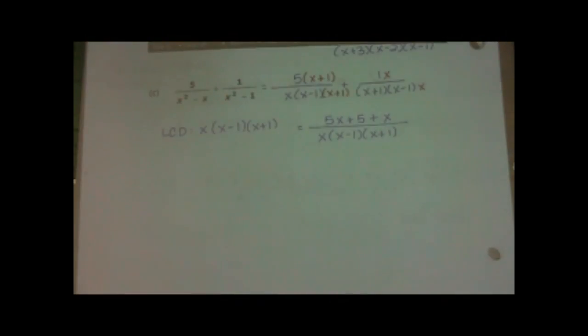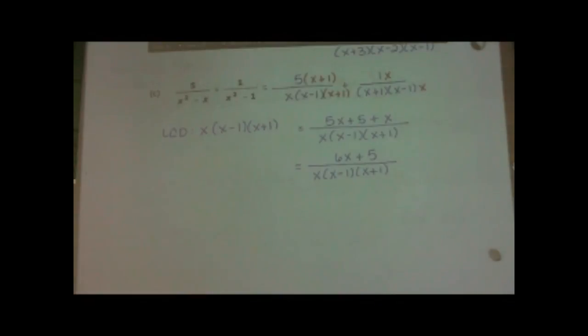So now I need to combine my like terms. So again, I've got that denominator. My numerator, 5x and x, is 6x plus 5. And it doesn't factor, and it's not common with the denominator, so there is nothing that I can cancel.